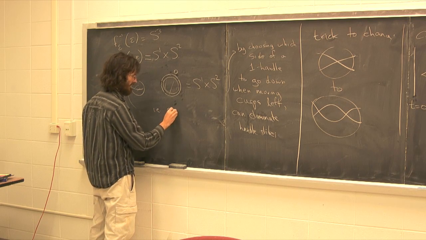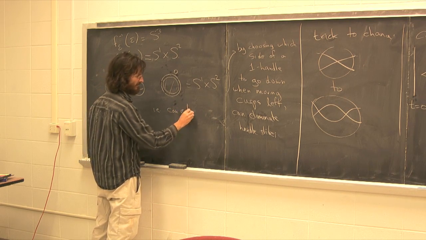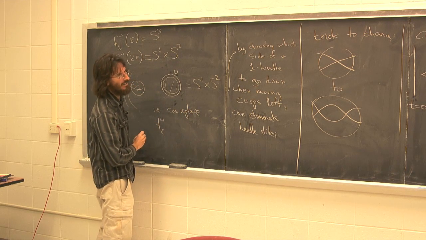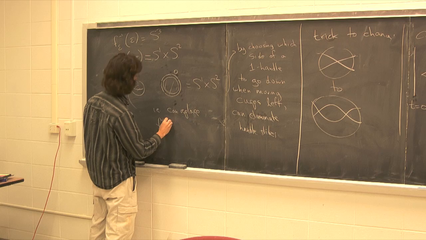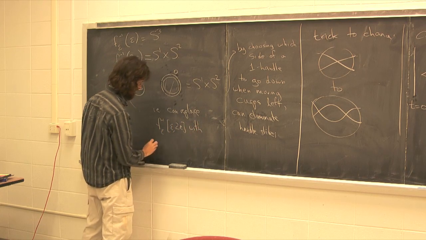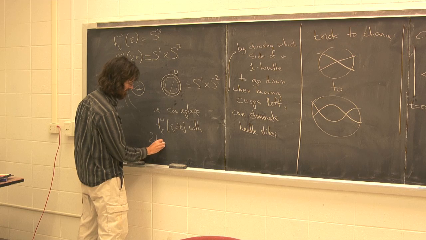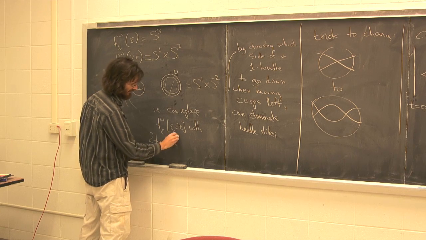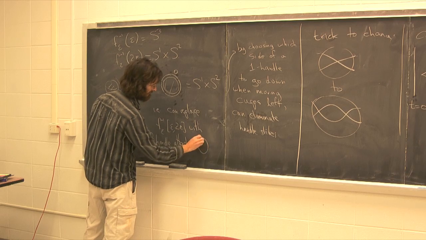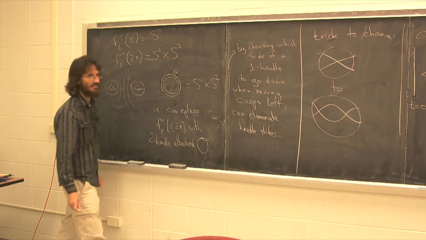You can replace f epsilon inverse of epsilon 2 epsilon with a 2 handle attached along a 0 framed line.